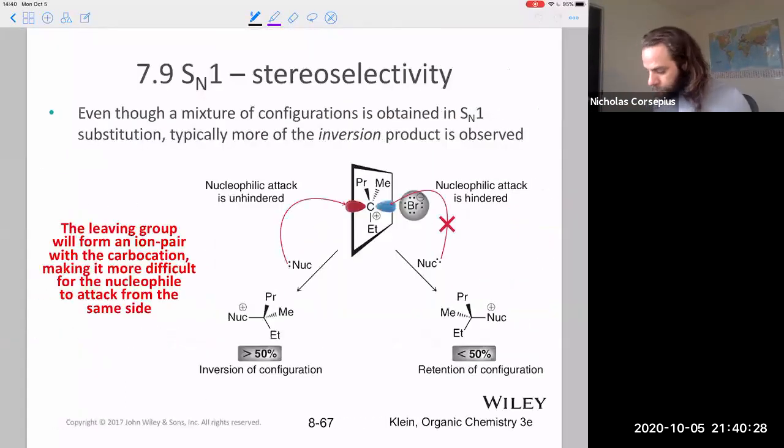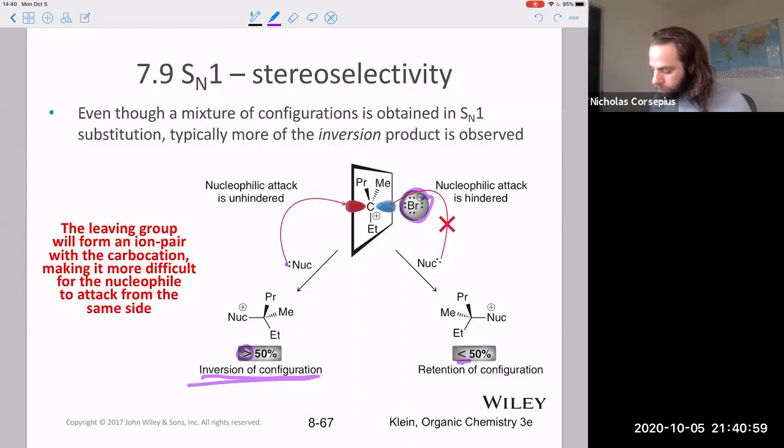Okay, and just to hammer this home, if you actually get down there and do the numbers, you'd see that the inverted configuration is slightly above 50%, meaning that the retained configuration is slightly less. That's because you could imagine in the moments after that bromine pops off, it's still kind of hanging around right there, and so it's repelling the nucleophile from attacking that side.